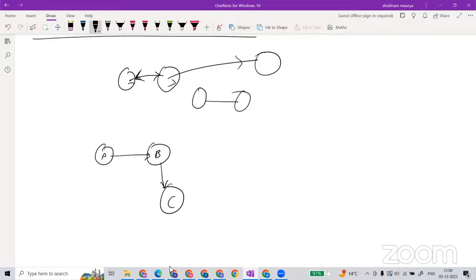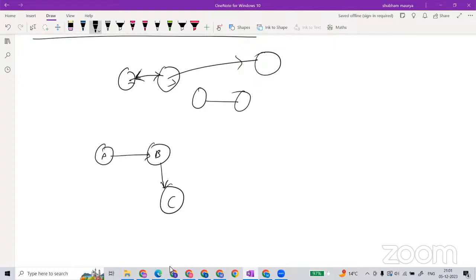In those situations, how could it be properly defined? It cannot. A directed graph cannot be categorized as a connected graph. If you see the definition, what is a connected graph? If from any vertex you can reach any vertex.